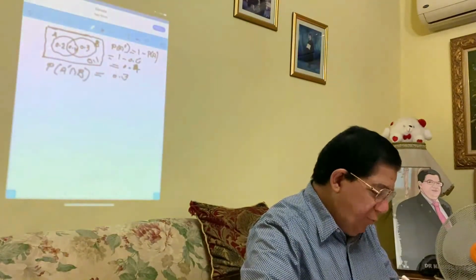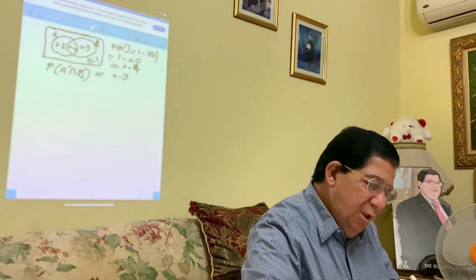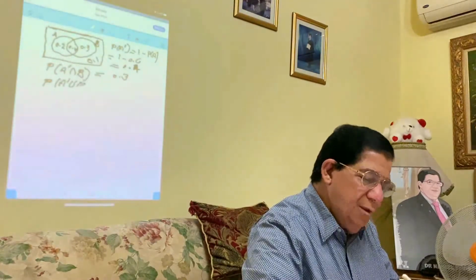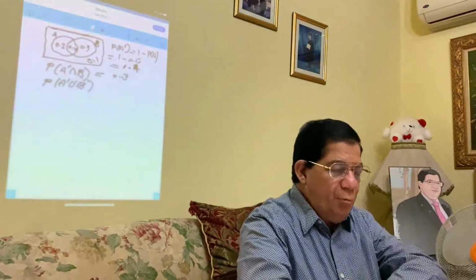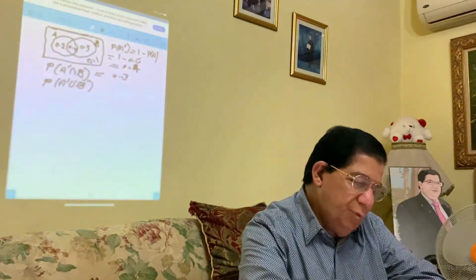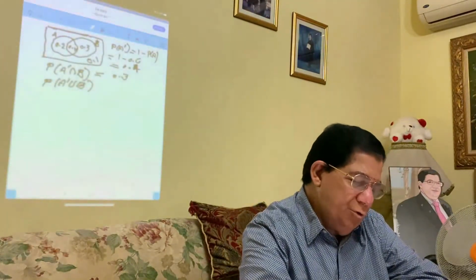Sometimes when you have a question like this one, what is the probability of A dash union B? Sometimes this kind of problem might not be understood by the students.